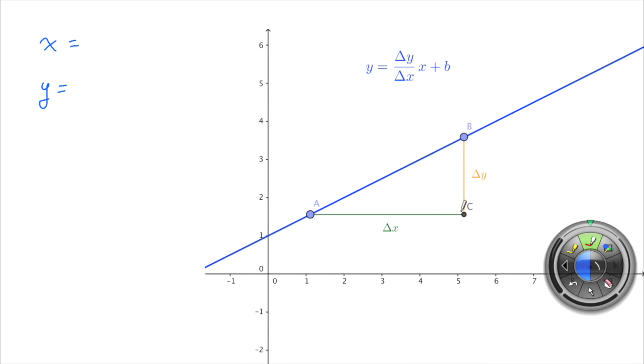If this took 2 seconds to go that distance, then it would be 2 times the change of x, and the same thing would happen to the change in y. So one way of looking at x is it's the change in x times t. Of course, that just gives us that length.